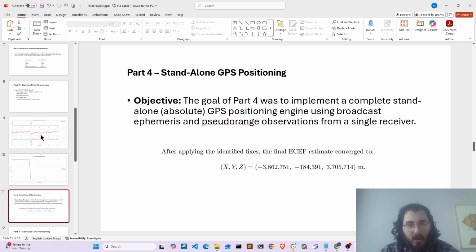The goal of part 4 was to compute the absolute position of antenna 2 using standalone GPS pseudoranges and broadcast ephemerides, with targets of around 5 meters horizontal and 10 meters vertical accuracy. The algorithm is implemented as standard iterative least squares.